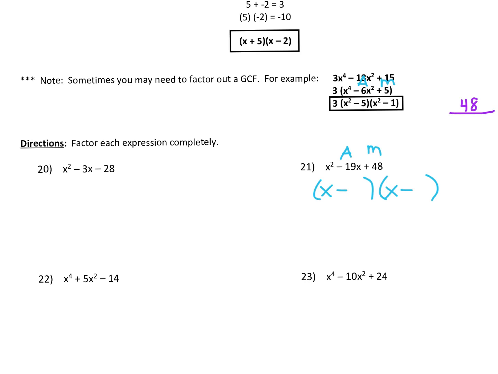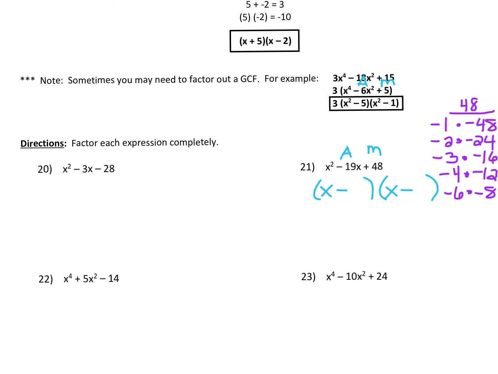Okay, so we know they're going to be negative. So 48 divided by negative 1 is negative 48. 48 divided by negative 2 is negative 24. 48 divided by negative 3, okay, I'm just putting multiplication symbols here, is negative 16. 48, well, there's a lot that divides evenly into 48, right? 48 divided by negative 4 is negative 12. 48 does not divide evenly by negative 5. 48 divided by negative 6 would be negative 8. 48 does not divide evenly by negative 7.